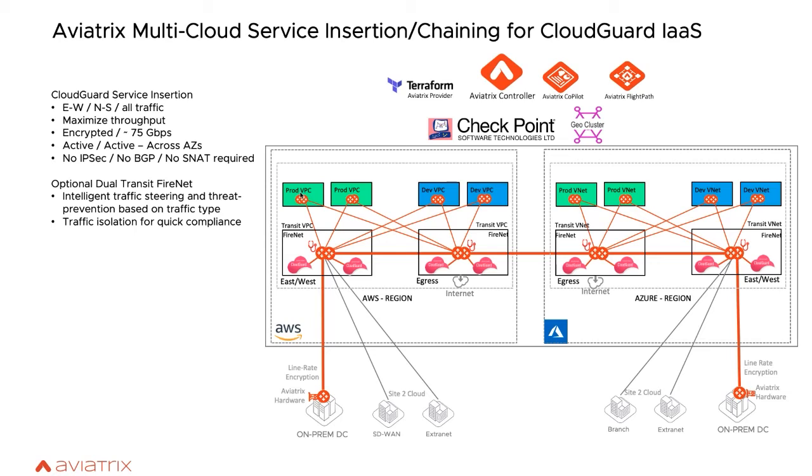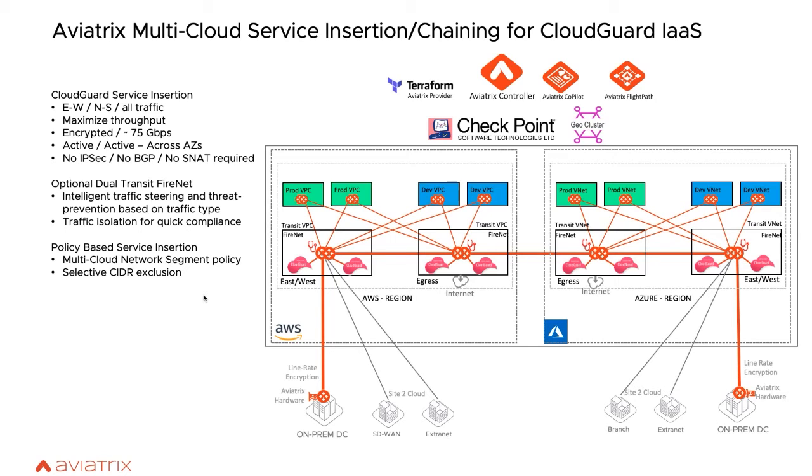If it is traffic that needs to go towards the internet, we can automatically steer it towards the internet and then insert the CloudGuard into the flow. If it is east-west traffic, then we'll automatically make sure that yes, it is going through this east-west security VPC, and then it gets the proper treatment that it needs. So you can quickly achieve compliance and your security needs with this dual transit FireNet.